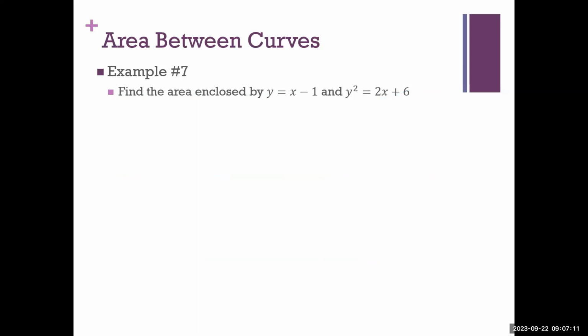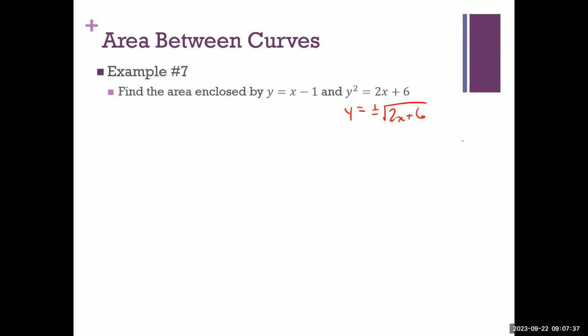Someone has to vote. Well, if we did y, we would have to do plus and then minus? You would have to do two different integrals because you have two different functions that basically comprise this curve. So y equals plus or minus the square root of 2x plus 6.